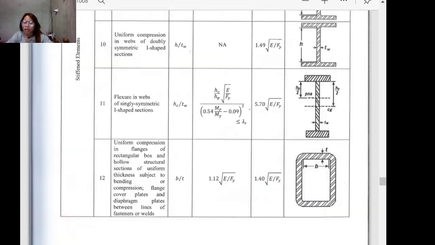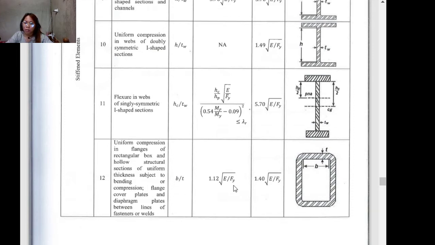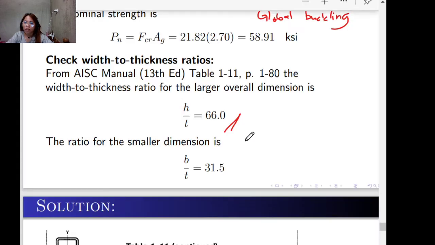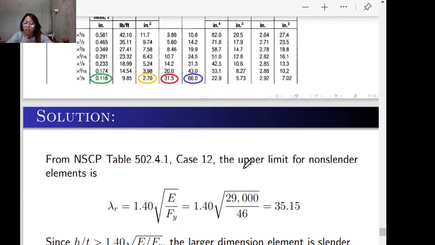This doesn't mean that B over T here is the B over T in the AISC manual, but the larger overall dimension divided by the thickness, whichever is larger will govern. Try to compare this one with H over T, no?